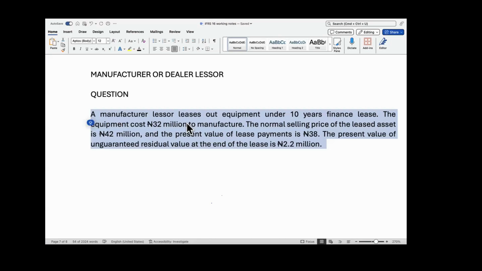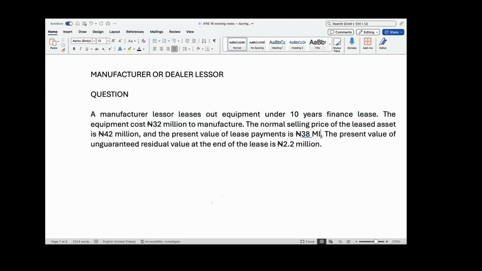Okay, so looking at this question, we're told that a manufacturer lessor leases out equipment under 10 years lease. The cost is 32 million. The selling price is 42 million. The PV of lease rental is 38 million, I guess. The PV of unguaranteed residual value is 2.2 million.